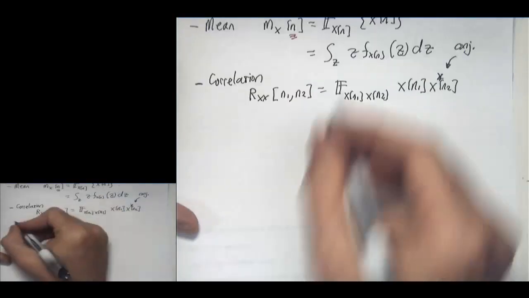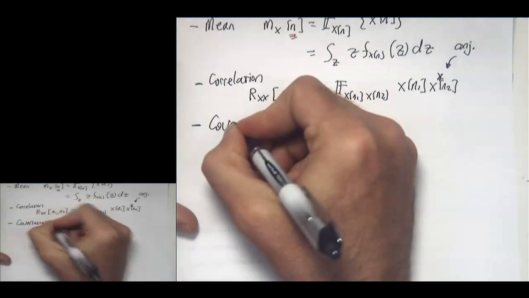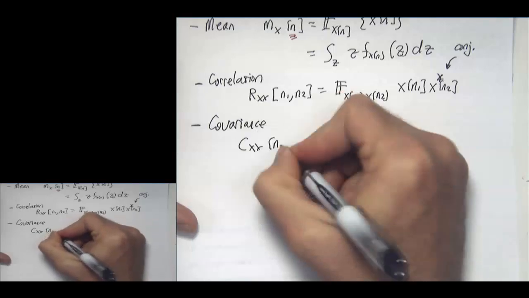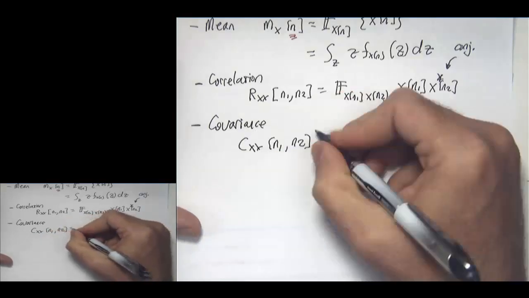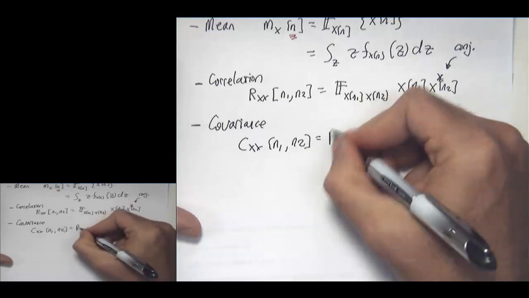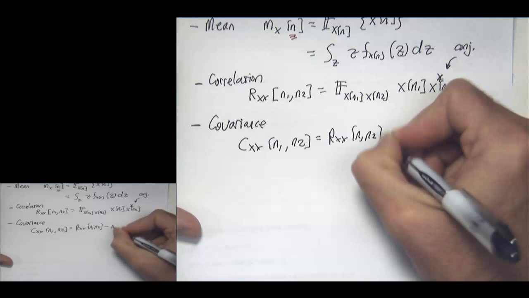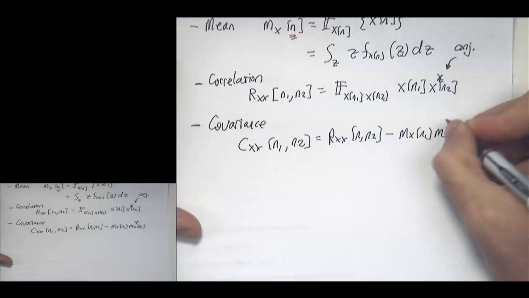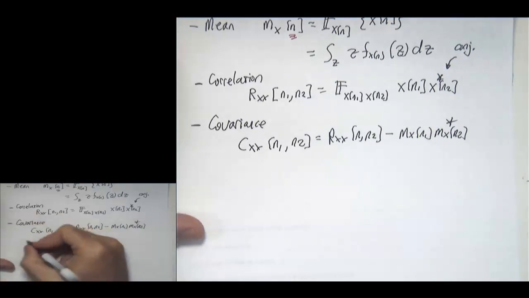And then finally, the covariance function, which we write C_XX[n1, n2]. This is the correlation function R_XX[n1, n2] minus m_X[n1] m_X[n2] conjugate.